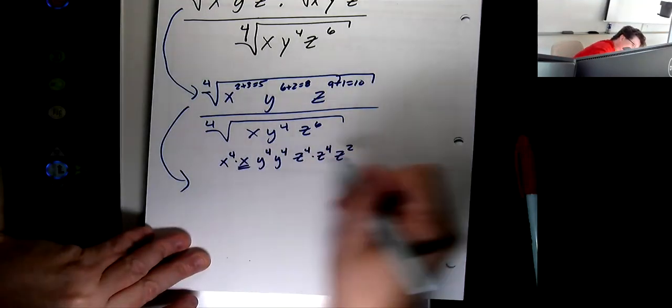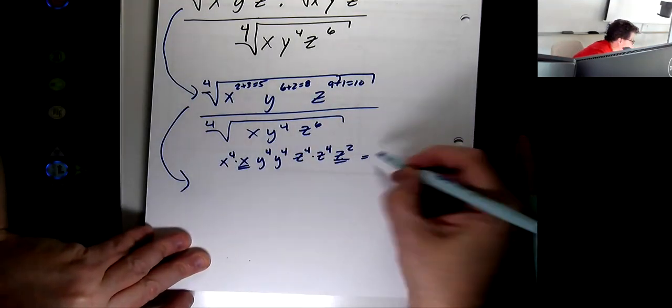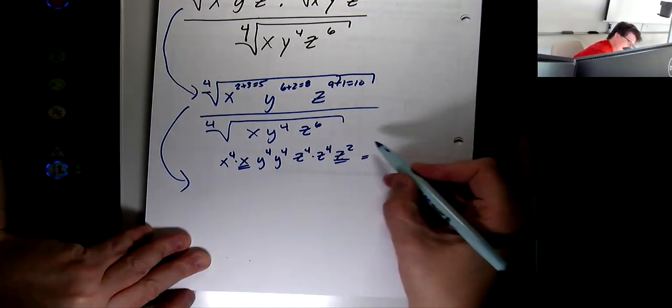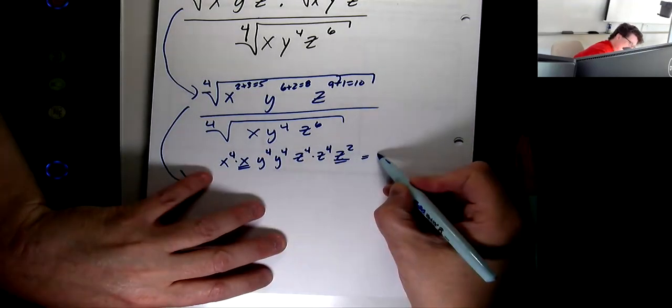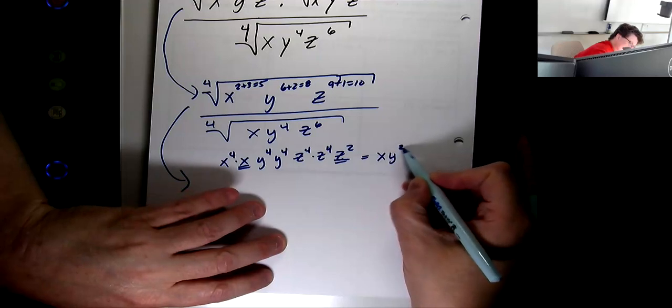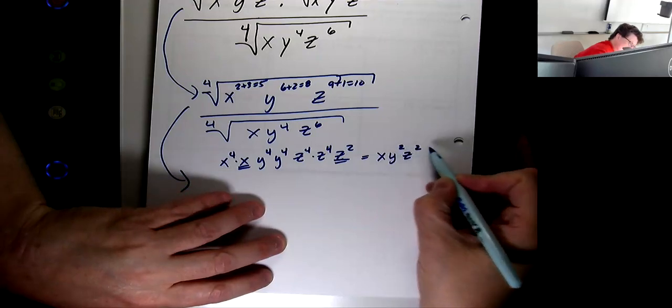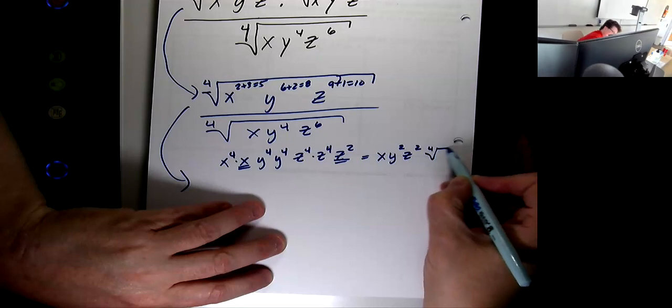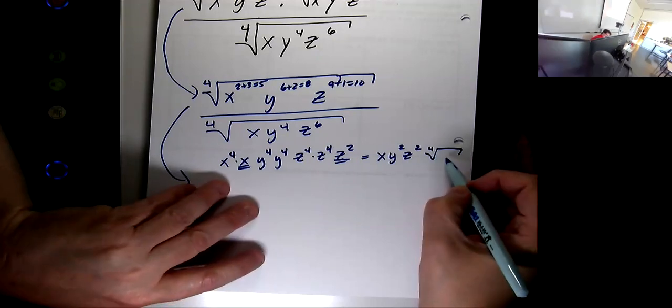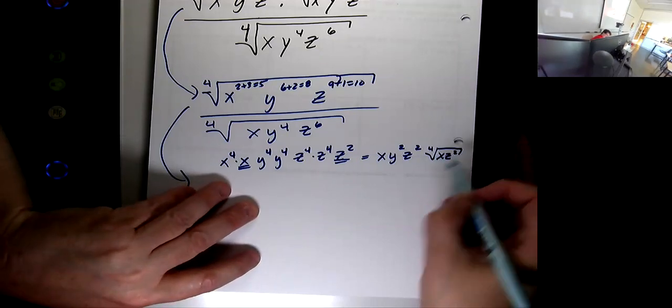It'll be inside. So it looks like I have an x, I've got two y's coming out. I've got two z's coming out. And I still have the fourth root of x z squared on top. What about on the bottom?